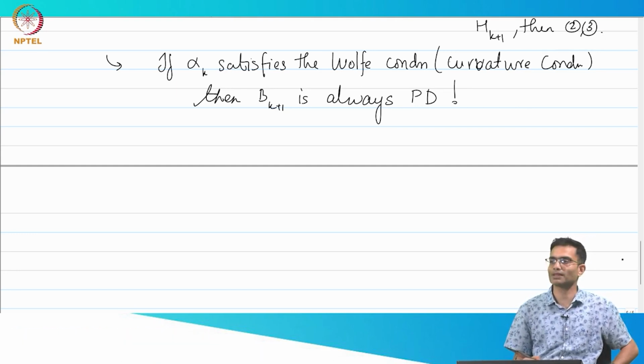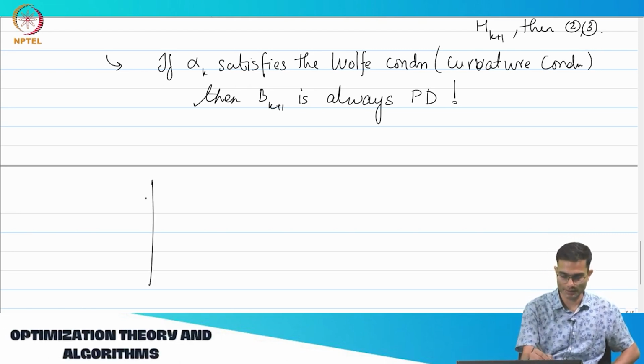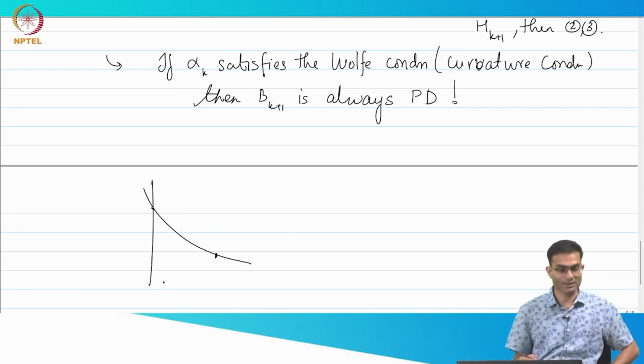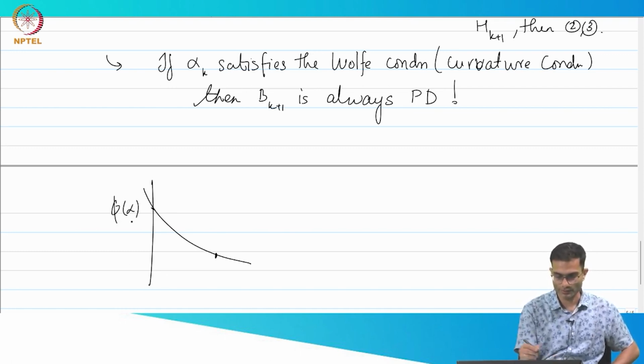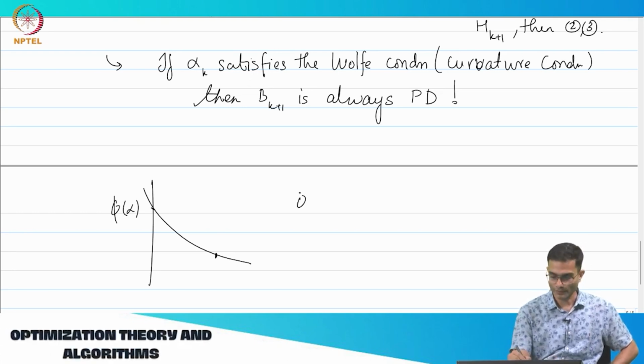So what was the curvature condition? If you remember the English, you will be able to tell. So remember we had something like this. If this was my phi of alpha, I said that the slope phi dash of alpha should be greater than what?